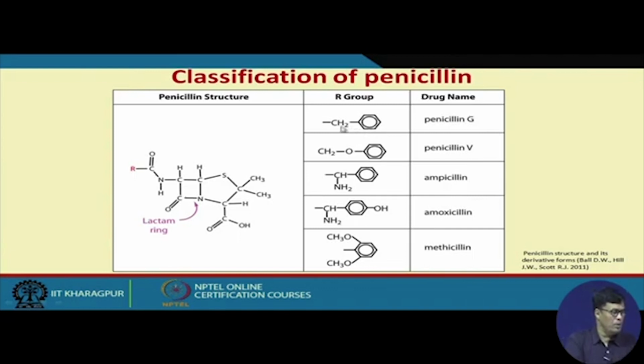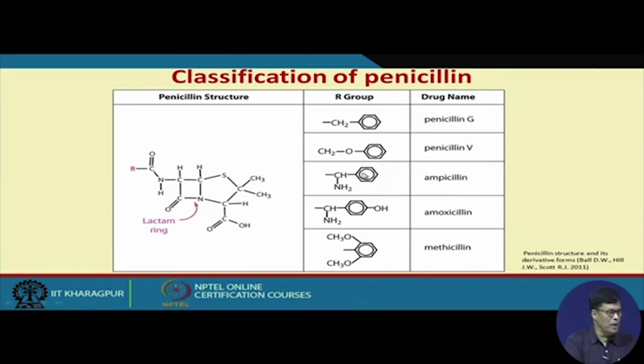If the R group is methyl benzene or phenyl, then the precursor is phenylacetic acid; we also have phenoxyacetic acid.